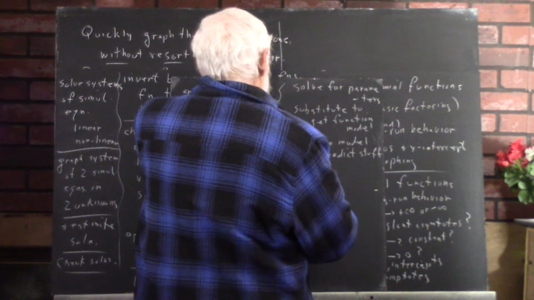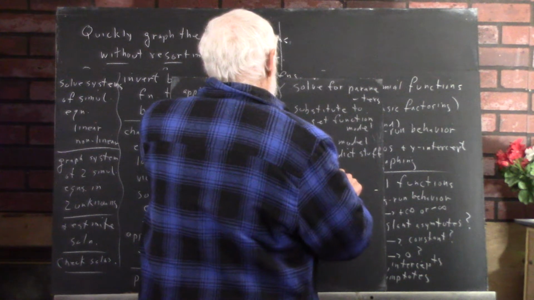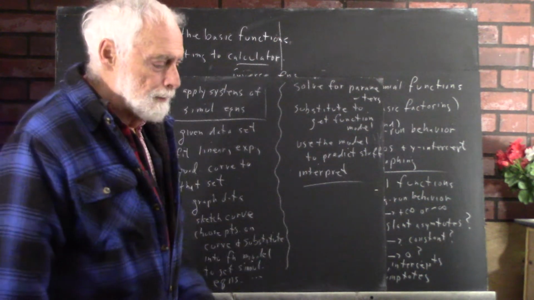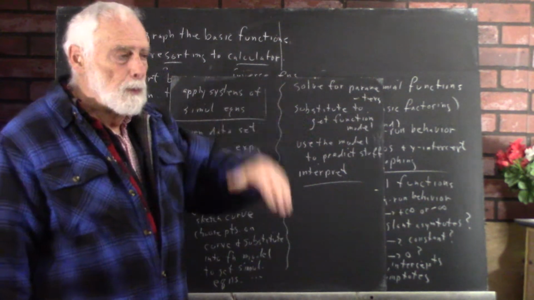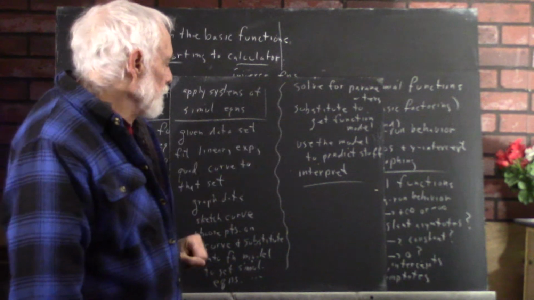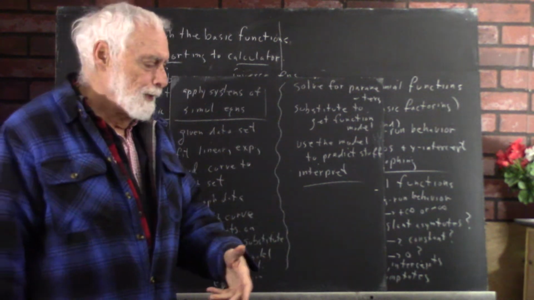Okay? And interpretation. You got to know what the model means. If it's a flow model, you got to know that y represents how deep the water is, or the position of the water surface. And you got to know that x or t is the time.